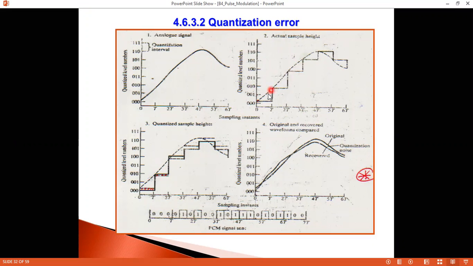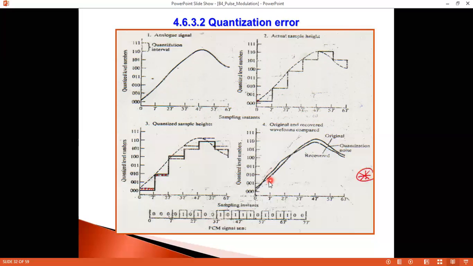Okay, and then after sampling, we quantize, and here we round our sample to the quantized voltage. So there will be a difference between them. And at the receiver, we will receive only the quantized voltage.